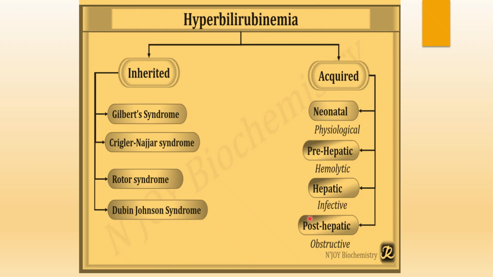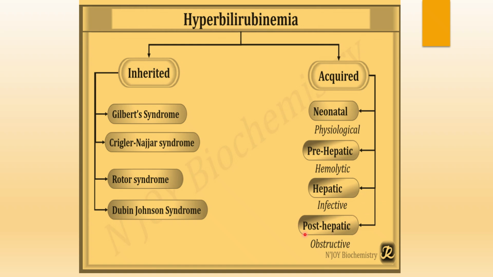Third is the post-hepatic, which is mainly obstructive jaundice. In this condition, the conjugated bilirubin is increased in the blood and it is excreted in the urine. If there is a complete obstruction, urobilinogen will be decreased in the urine or even sometimes absent.